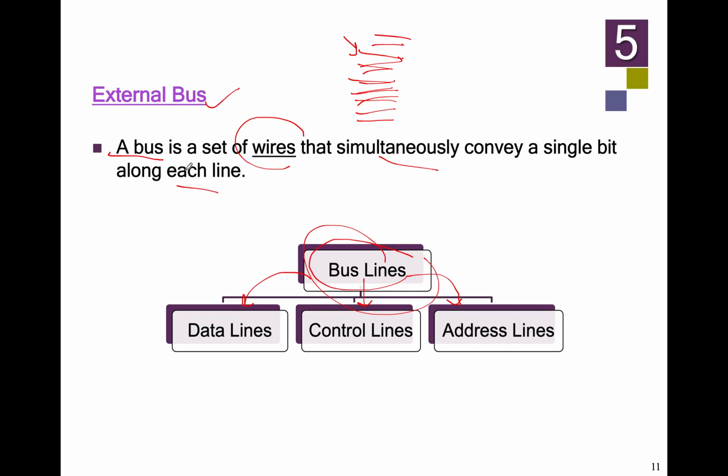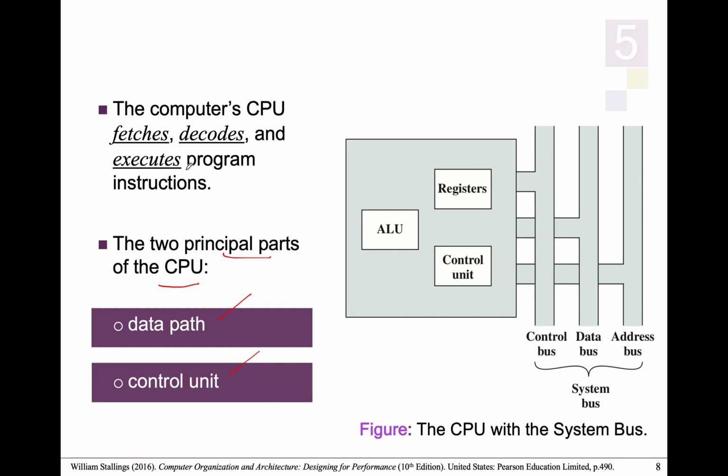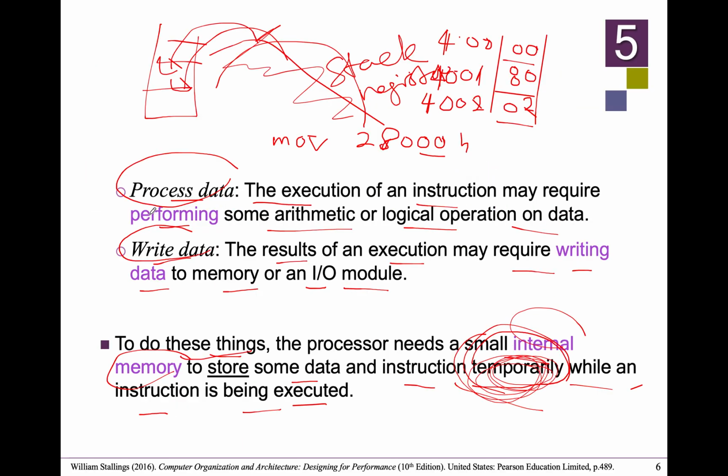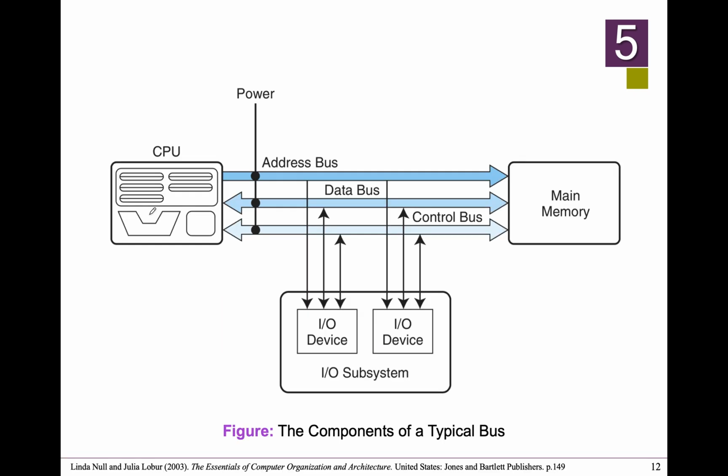So this is all about 5.1, the organization of your processor. As I mentioned previously, it is only a small part before you go deeper into register organization, instruction cycles, instruction pipeline, control unit operations, and lastly microprogram control. Thank you for watching, because we have already finished 5.1.